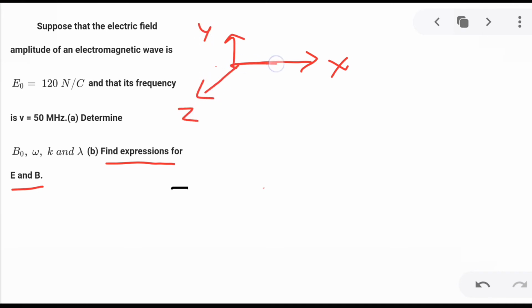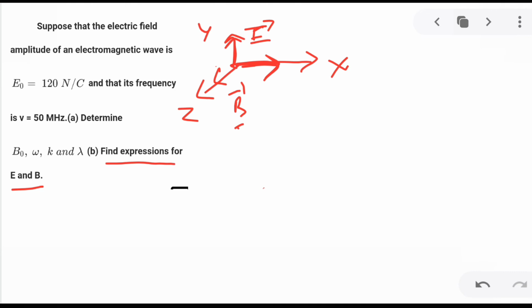The oscillation of electric field, the oscillation of magnetic field, and the direction of wave propagation are mutually perpendicular. So the electric field we have taken along the y-axis, the magnetic field is along the z-axis, and the wave is propagating along the x-axis.